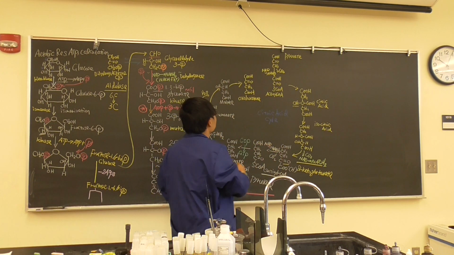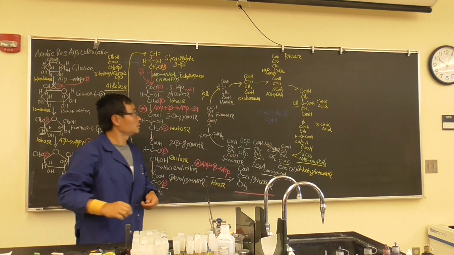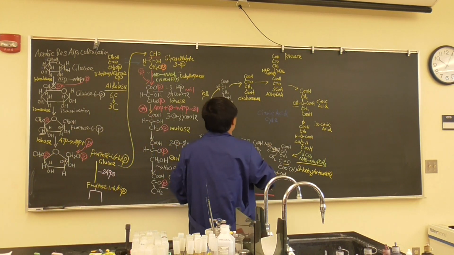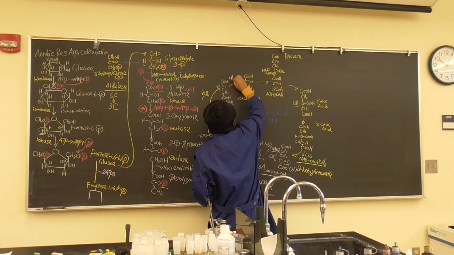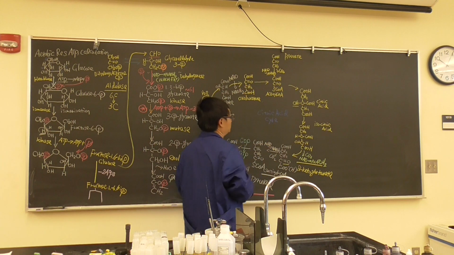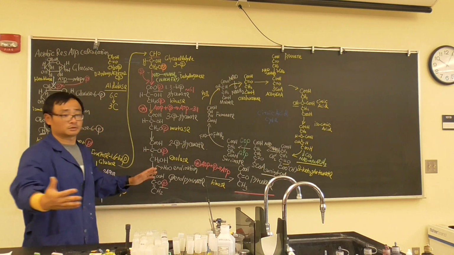Oxaloacetate, okay? Then this comes back. Happens here. Since you have a hydrogen and the proton, where they go? NAD reduced to NADH2. Okay, this is the whole thing is finished.